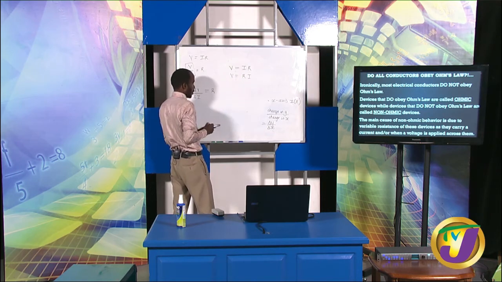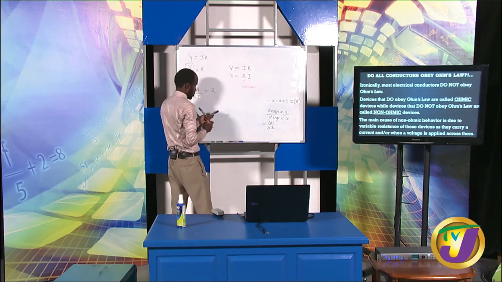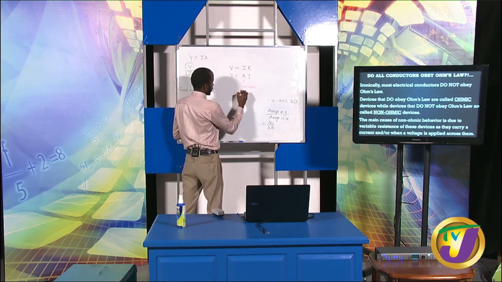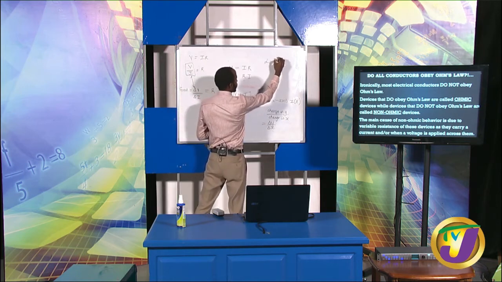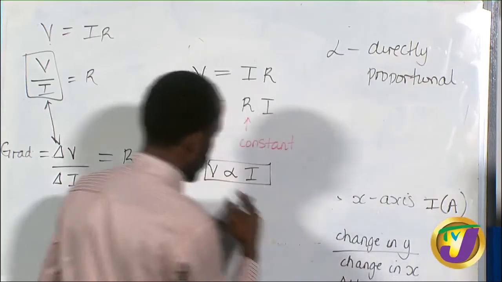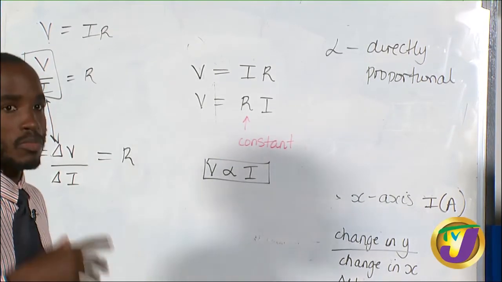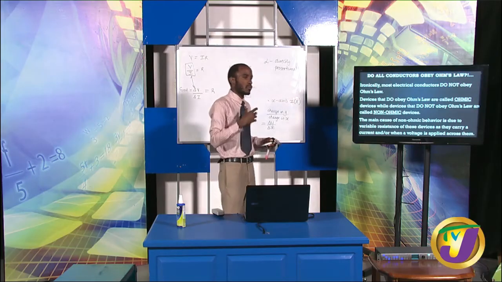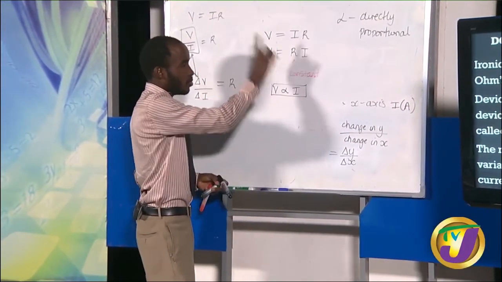Now, if you take R as being a constant, this is basic math, then we could say V is proportional to I. This is what this symbol means: it is directly proportional. So if you want Ohm's law behavior, if you want an ohmic device, then V and I must be proportional, where R remains constant.